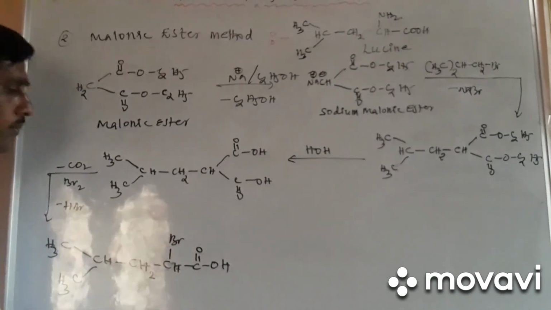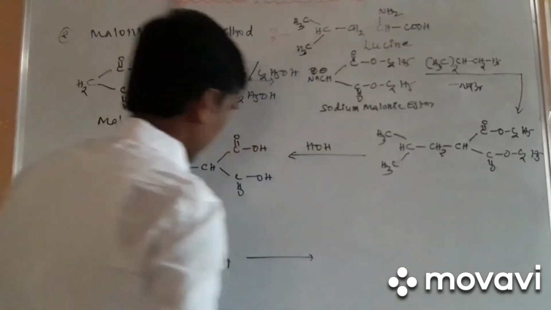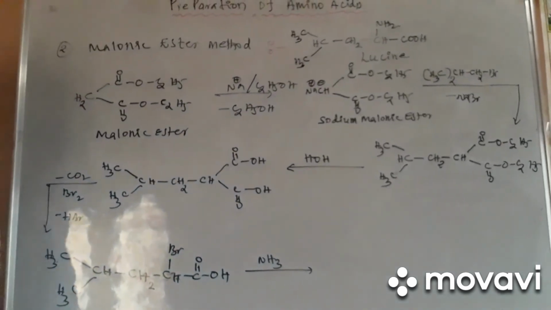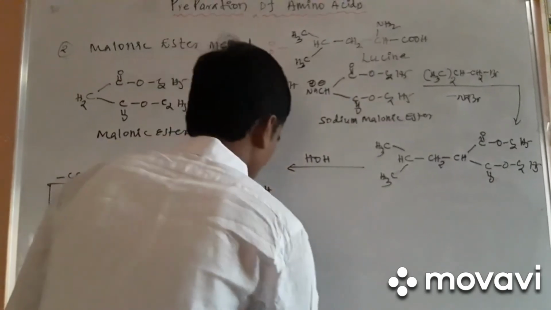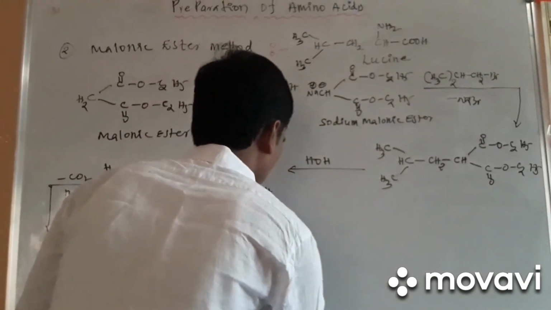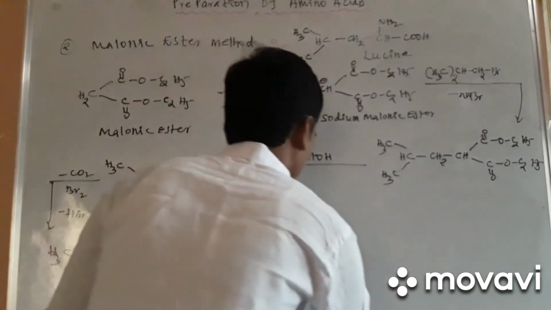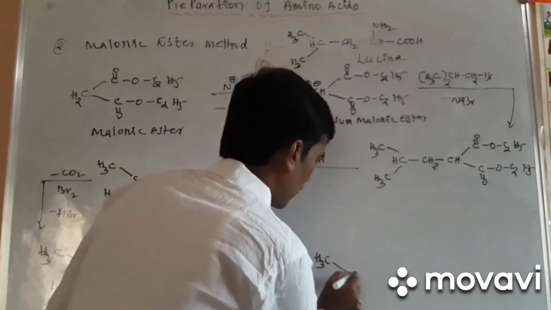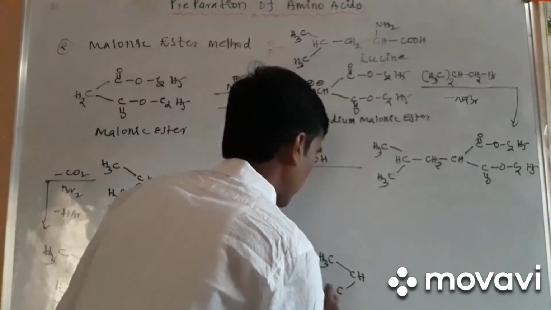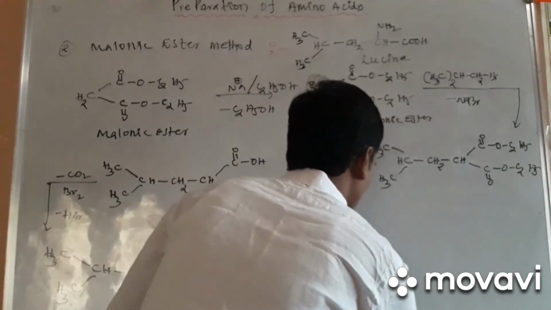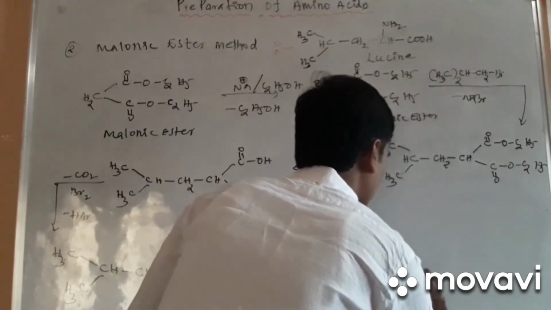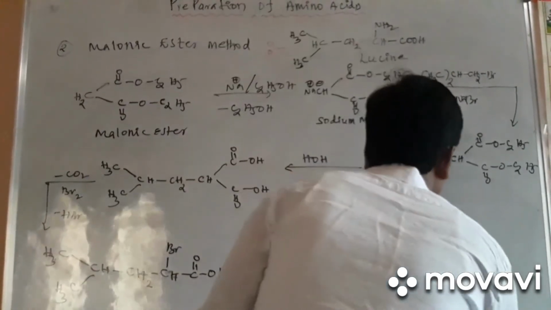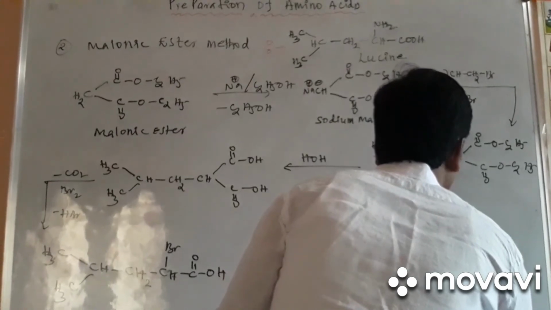Next, it reacts with 1 mole of ammonia, with elimination of hydrogen bromide, to produce leucine: CH3, CH, CH2, CH, NH2, next C double bond O OH.